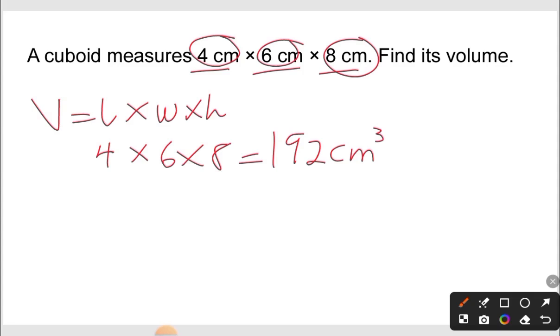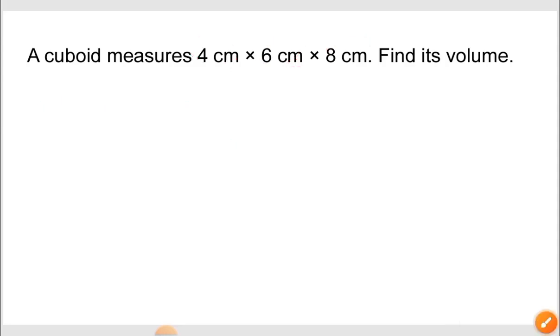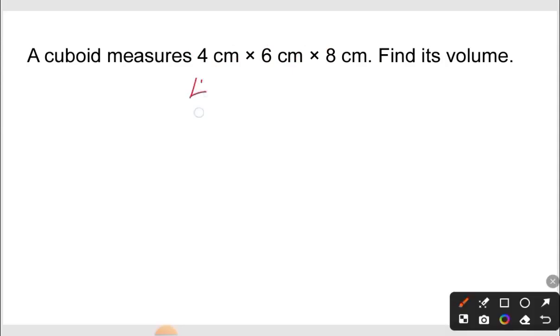Now take note, one of the mistakes some students make is they work with different units. Let's just assume that in this question we had 4 meters multiplied by 6 centimeters multiplied by 8 centimeters. What would you have done?